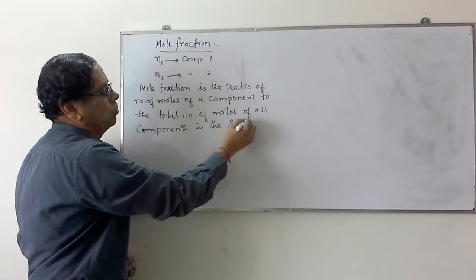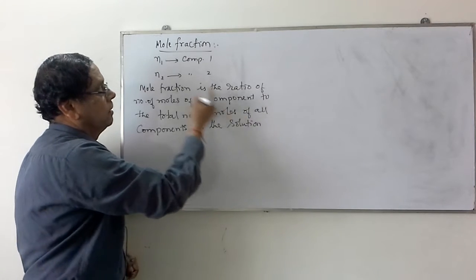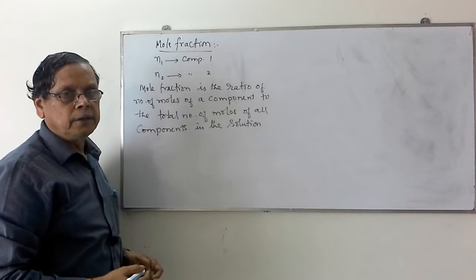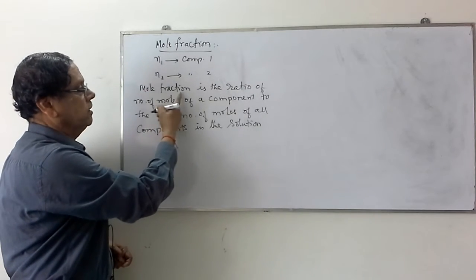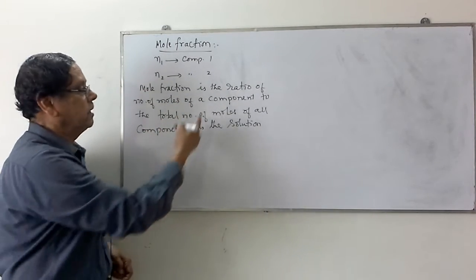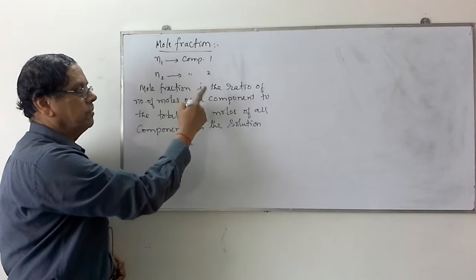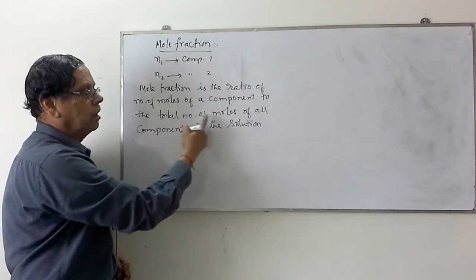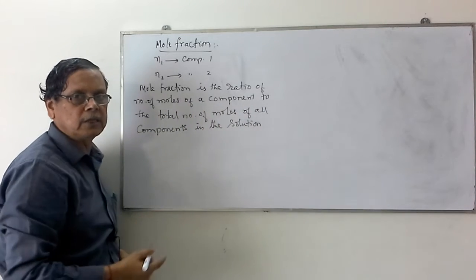Suppose you have only two components, it is called a binary solution. So when you take the mole fraction of any one particular component, it is the ratio of the number of moles of that component to the total number of moles of all the components in the solution.